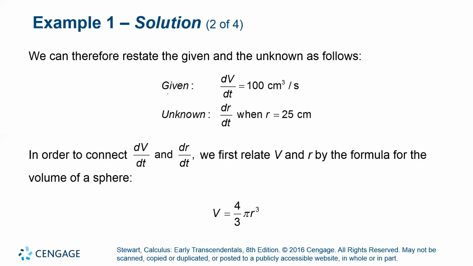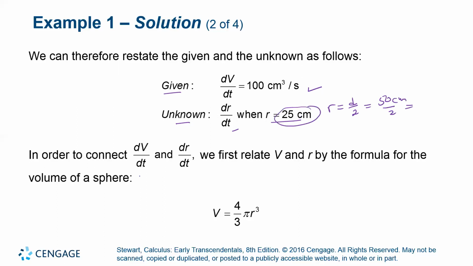So we know dV/dt, and dr/dt is unknown. That's what we are looking for when the radius is 25, because radius is equal to the diameter divided by 2. So 50 centimeters over 2 is 25 centimeters. That's where we got that from.